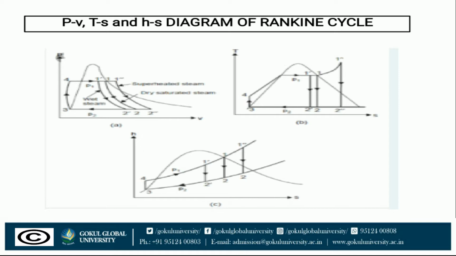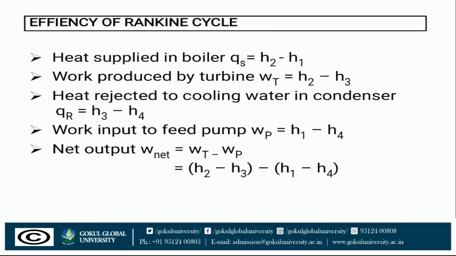Process number 4 to 1. The condensate water coming from the condenser at state 4 is pumped to boiler pressure at state 1 reversibly and adiabatically with the help of the feed pump.